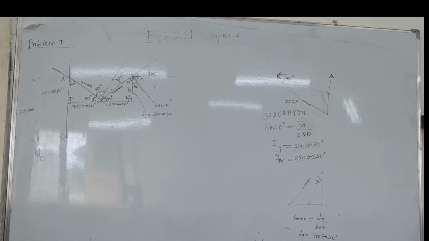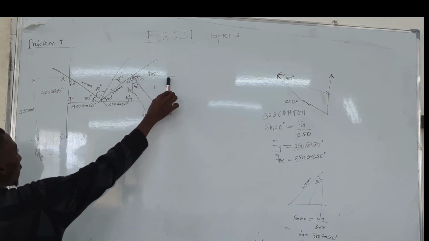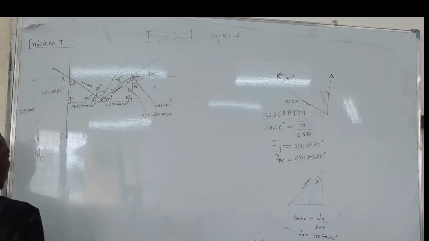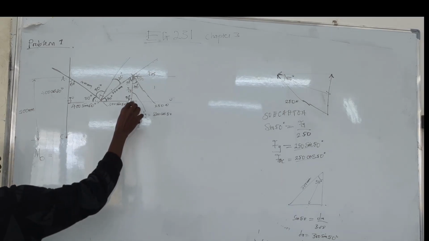When you talk about perpendicular distance, it means it is making a 90 degrees somewhere. You can start with any force, either the force in the y or the force in the x. For this case, let us start with the force in the y.